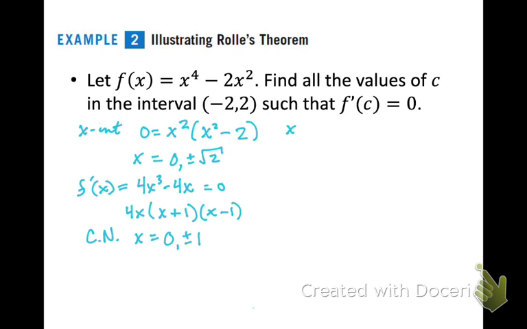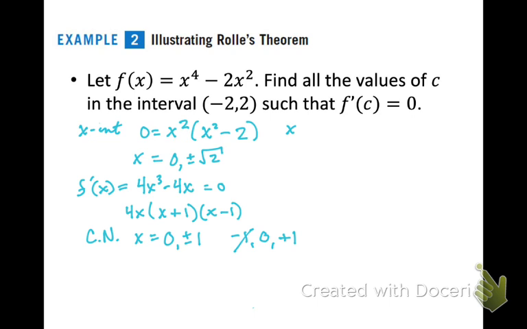So the interval -2 to 2, where are my points? We probably should do -1, 0, 1, because if we were to graph, then we'd see them, right? So can there be more than 1? Yes. Now, if I got a number that wasn't on the interval, what would I do with it? Cross it out.